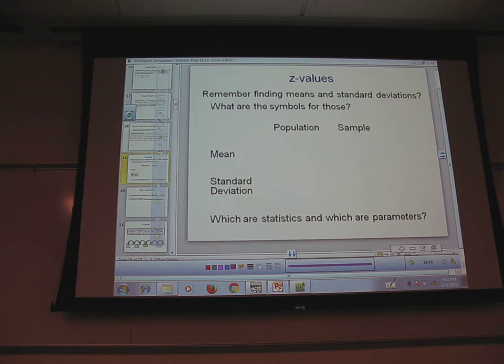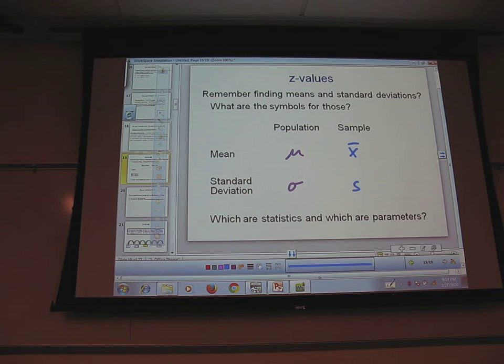Our z-values, our z-scores, which are always super, super important. What's our population mean look like again? What is it? Population mean is what symbol? Mu. Population standard deviation? Sigma. Sigma with the tail. Sample mean? X bar. Sample standard deviation? Almost.